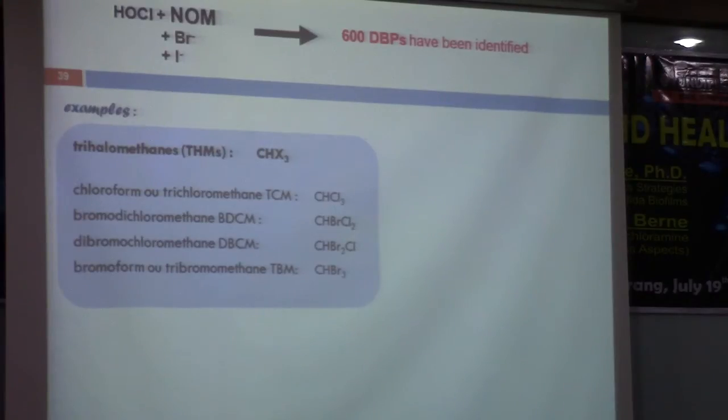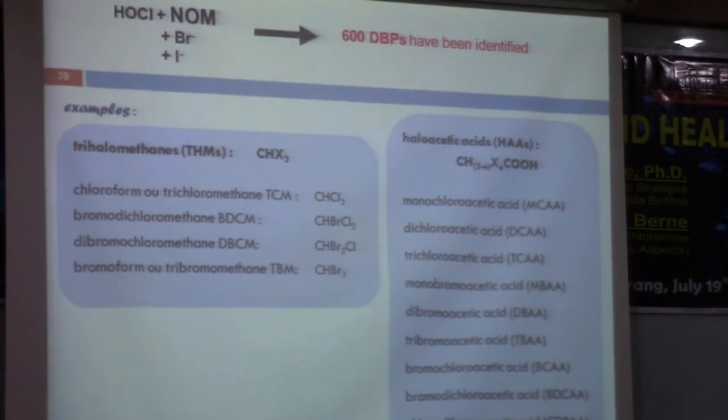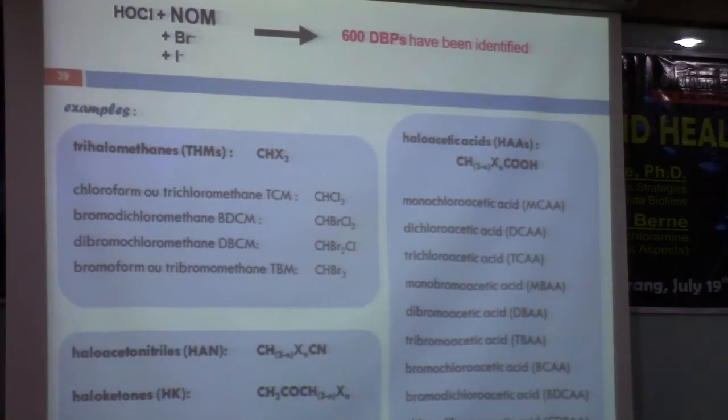So we have a lot of work to identify the other components. The families are mainly the trihalomethanes, THMs, and the best known is chloroform. It was the first identified in chlorinated drinking water. And then we also have haloacetic acids, this is the general formula: chlorinated, brominated, and mixed haloacetic acids, and other families like haloacetonitriles, haloketones, and halonitromethanes, for example.